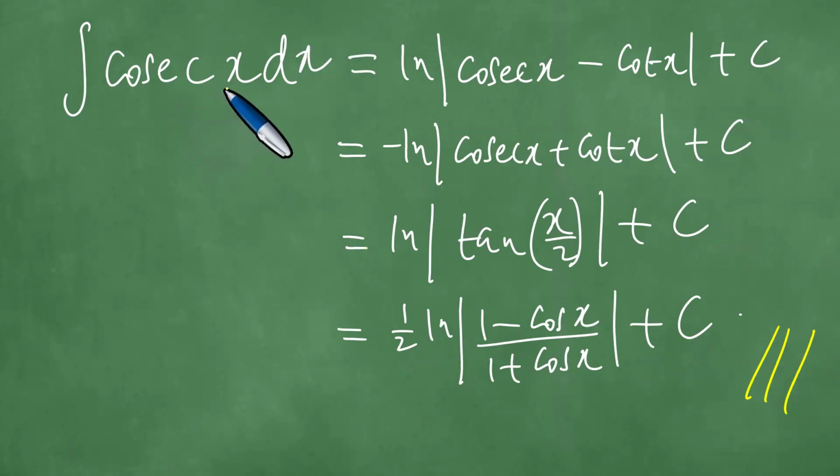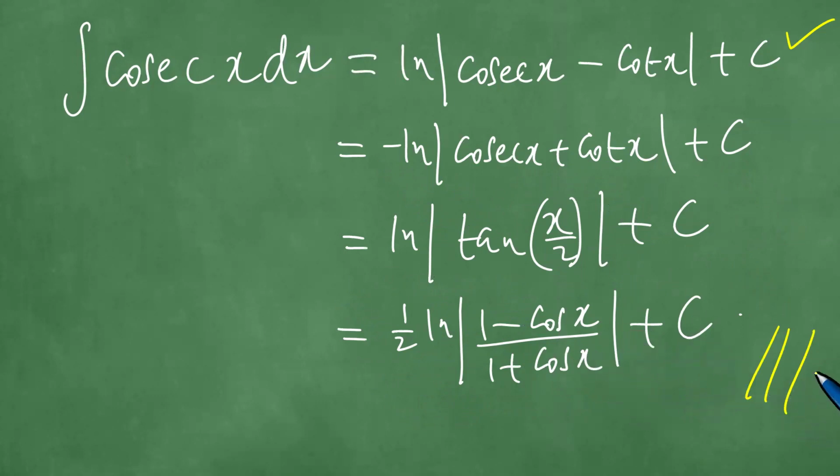So the integral of the cosecant of x with respect to x is the natural log of the cosecant of x minus the cotangent of x plus c, or it is minus the natural log of the modulus of the cosecant of x plus the cotangent of x plus c, or it is the natural log of the tangent of x over 2 plus c, or it is equal to 1/2 times the natural log of 1 minus the cosine of x divided by 1 plus cosine of x plus c.